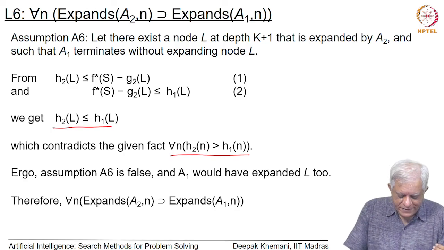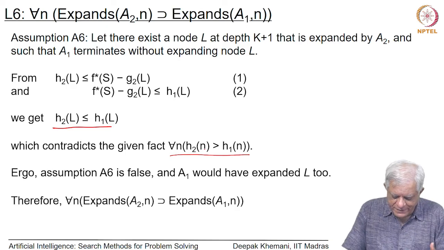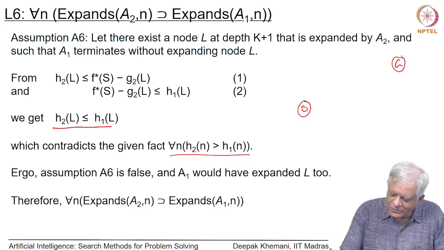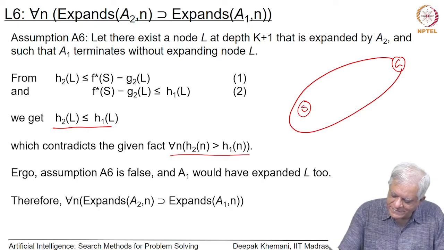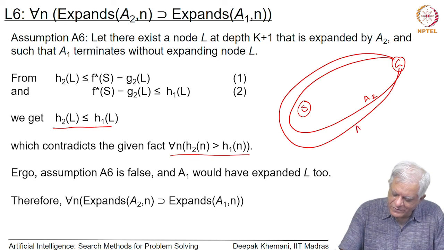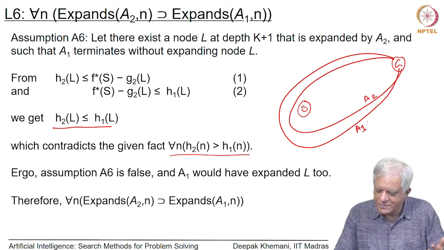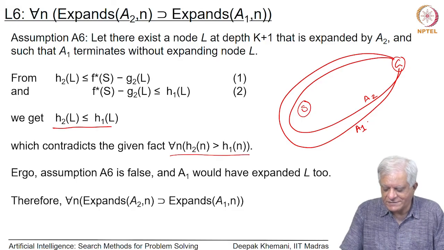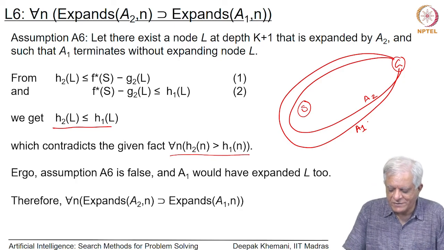That means that if A2 has inspected any node n, A1 should have also inspected that node n. From the diagram that I was trying to draw earlier, if this is the goal node and this is a search space searched by A2, then the search space explored by A1 would be a superset of the search space explored by A2, or in other words the search space explored by A2 is contained in the search space explored by A1 at the point of termination.